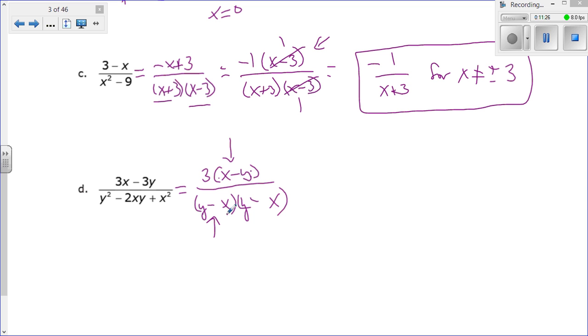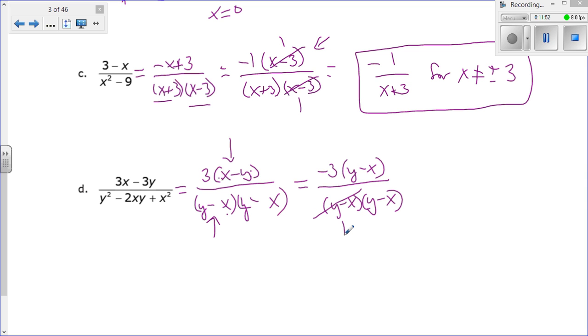So in the denominator I have a positive y and a negative x, where in the numerator I have a positive x and a negative y. So if I factor out a negative 1, I get negative 3, and I can switch the order and make it y minus x. And then I would have y minus x and y minus x.